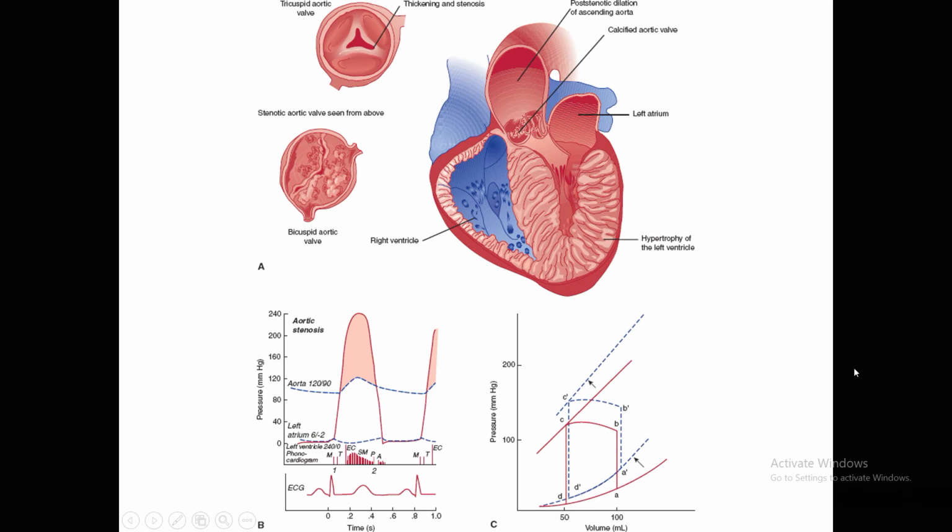The physical examination of a patient with aortic stenosis will reveal, as already mentioned, a murmur, a mid-systolic murmur, crescendo-decrescendo, increasing then decreasing. This is the mid-systolic murmur at the base of the heart.